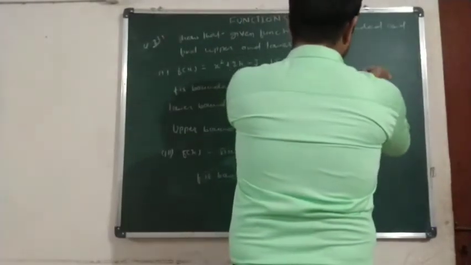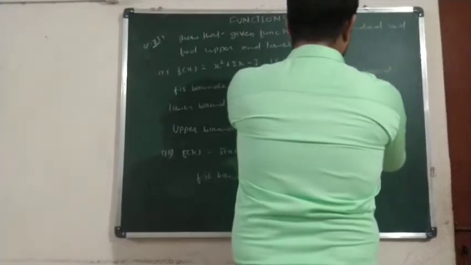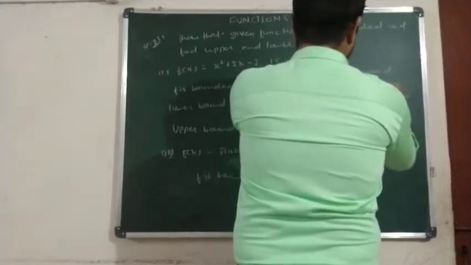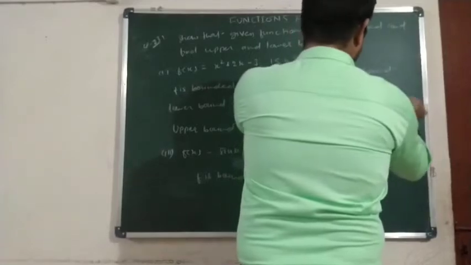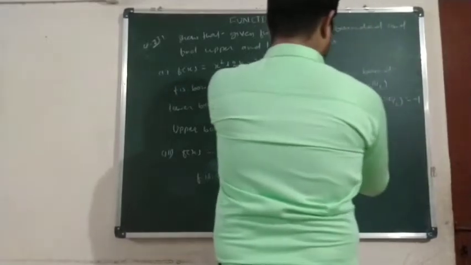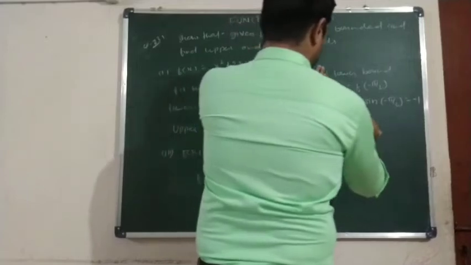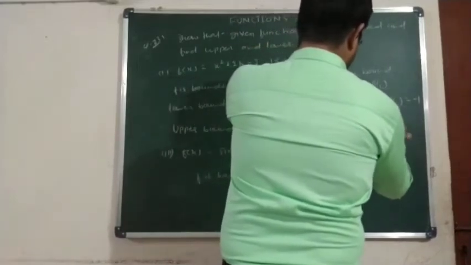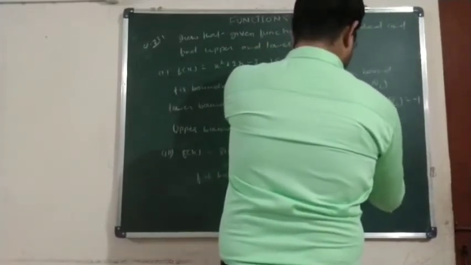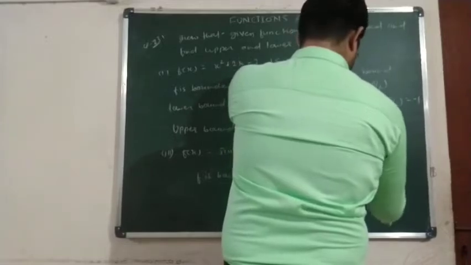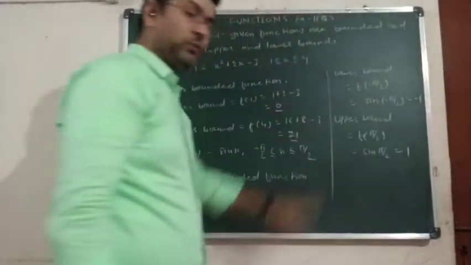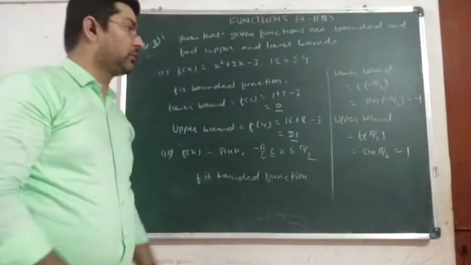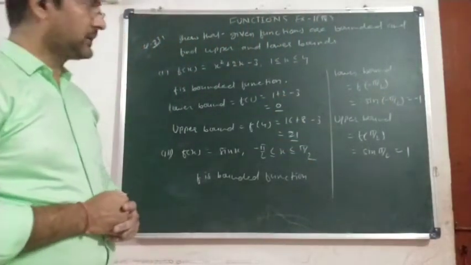Okay, now here we will calculate the lower bound. So its lower bound will be f of minus pi by 2, which is equal to sine of minus pi by 2 is equal to minus 1, and upper bound is equal to f of pi by 2 is equal to sine pi by 2 is equal to 1. Okay, so lower bound is minus 1 and upper bound is 1.